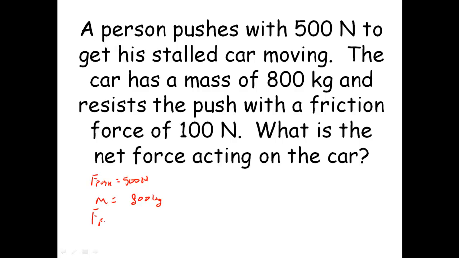So we have a force of friction of 100 newtons. What's the net force? You immediately wanted to solve for a, didn't you? The net force. Well, we have 500 pushing one way and 100 pushing the other for a net of 400 newtons.